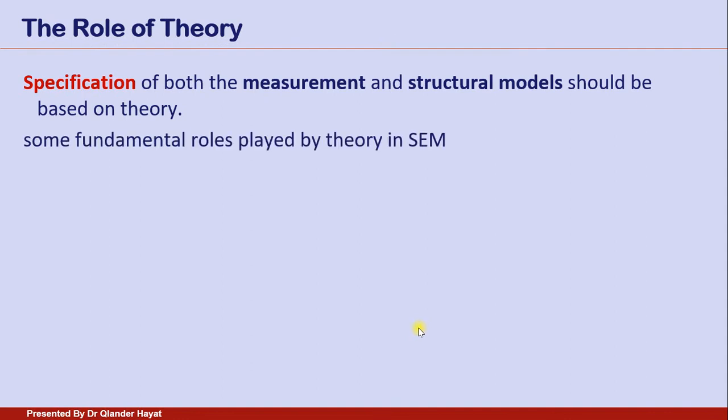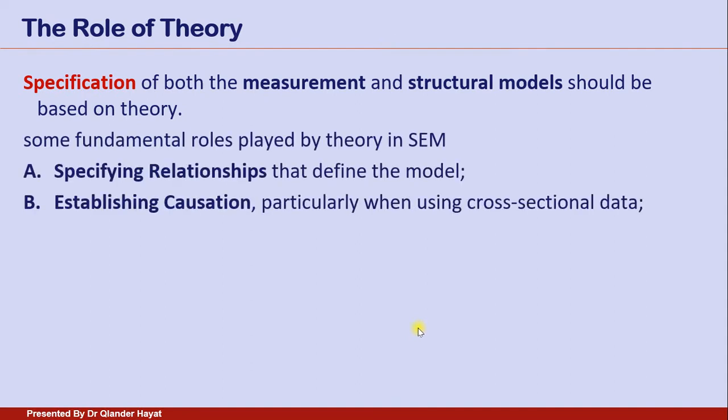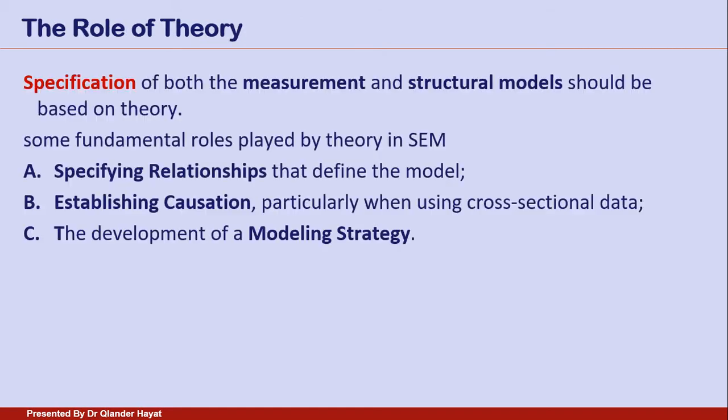Now, what is the role of theory in specifying or establishing the relationships? As I have told you, in SEM we use two models. The first one is the measurement model and the second is the structural model. Now how we can specify the relationships of different variables is solely based on the theory.